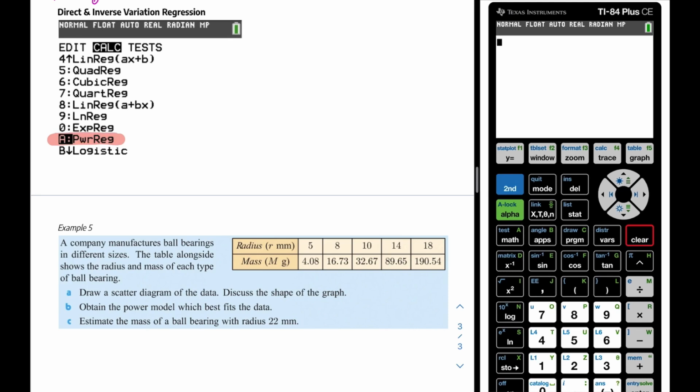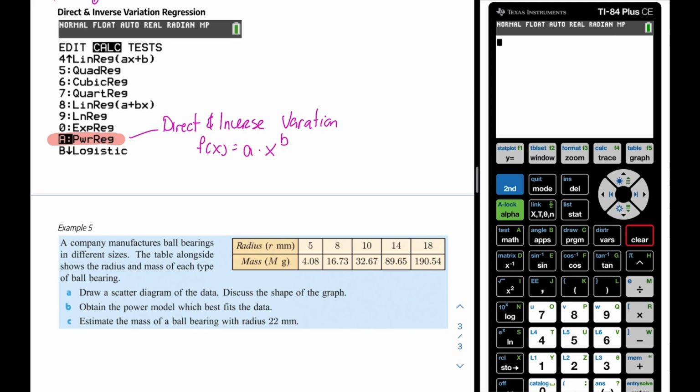So this power regression is going to give you a direct or inverse variation model. So it's going to basically give you a function, a times x to the power of b. And then, of course, if this b is positive, it's going to be a direct variation. If this b is negative, an inverse variation.